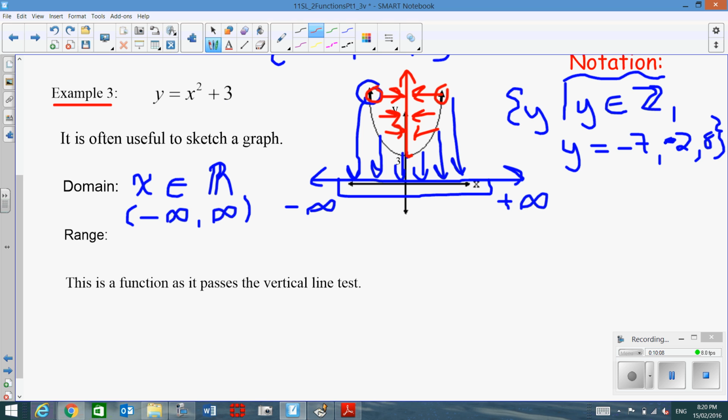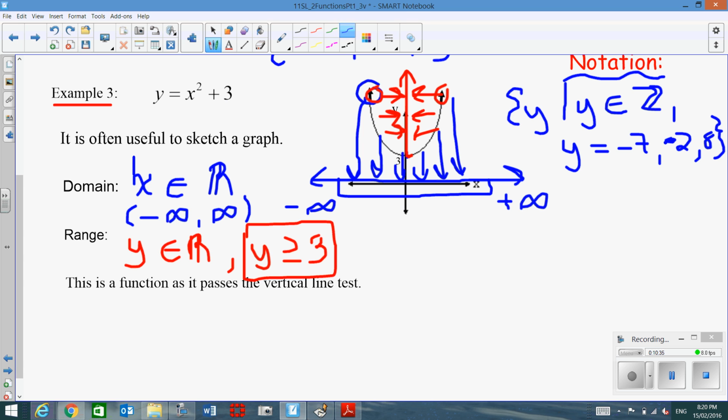So again, we could have for range, y is an element of all real numbers, though, such that y is greater than or equal to 3. Okay? So sometimes you'll just see this part, y is greater than or equal to 3. That pretty much says all real numbers that are larger than or equal to 3. So that's the part that I would want to write for that one. And this is the part, for the most part, that you want to write for the domain.